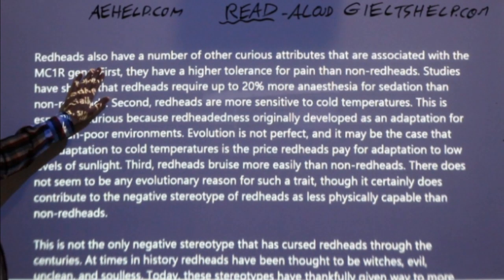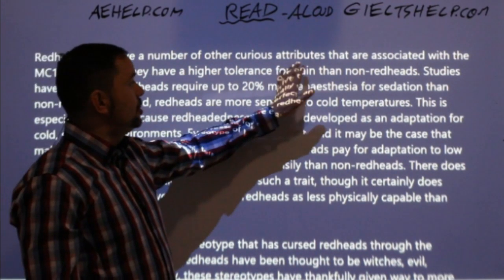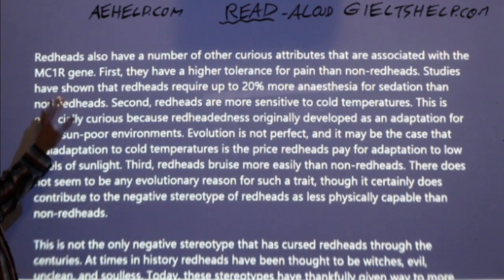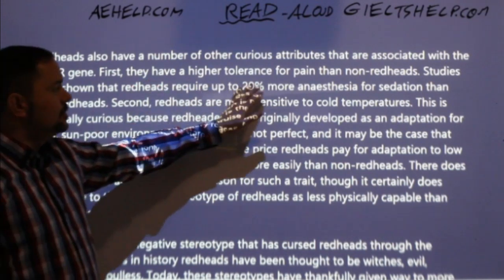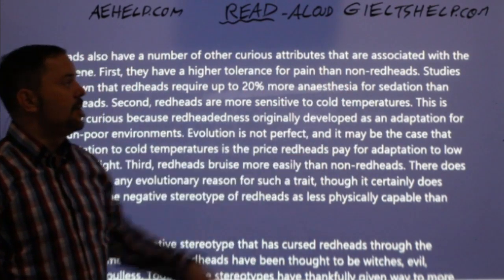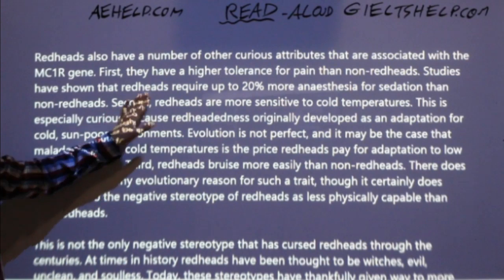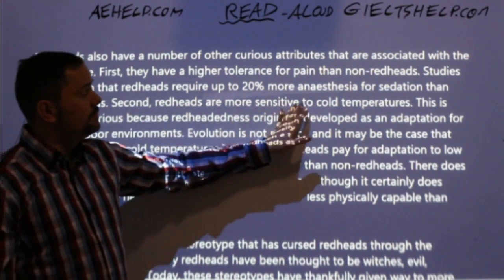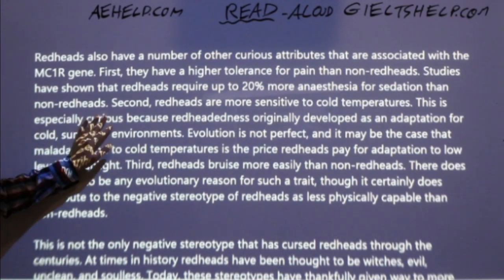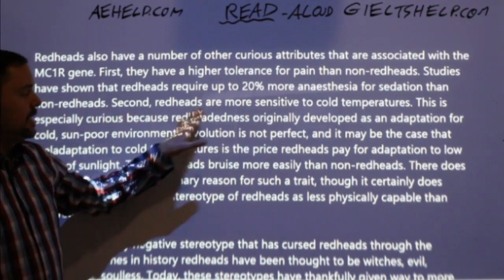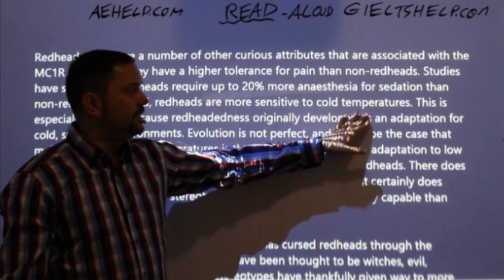Redheads also have a number of other curious attributes that are associated with the MC1R gene. First, they have a higher tolerance for pain than non-redheads. Studies have shown that redheads require up to 20% more anesthesia for sedation than non-redheads. Second, redheads are more sensitive to cold temperatures.